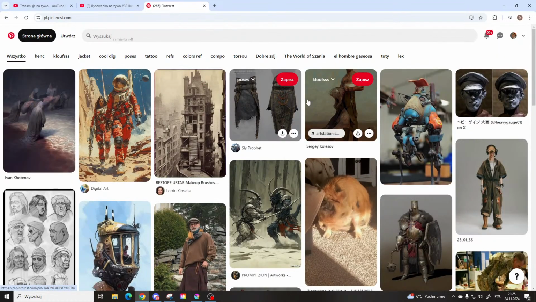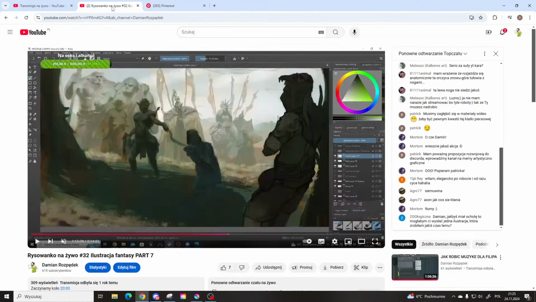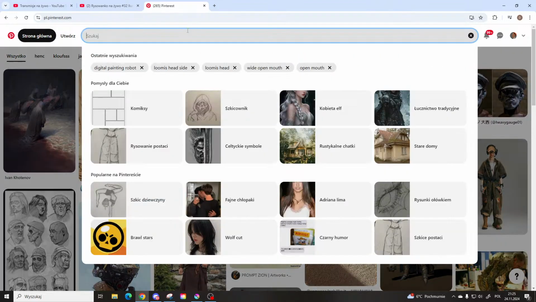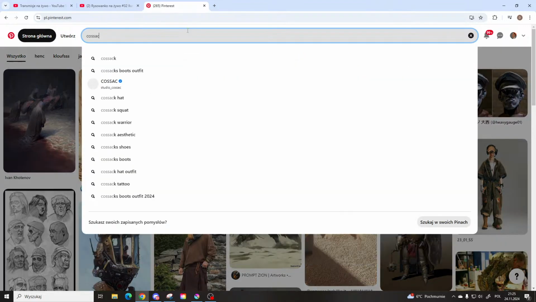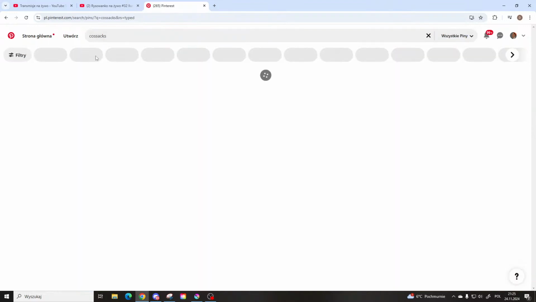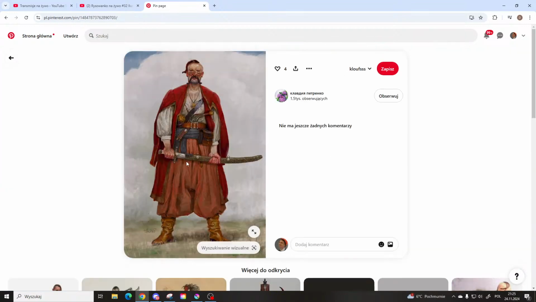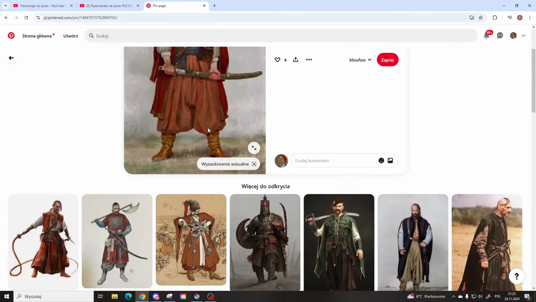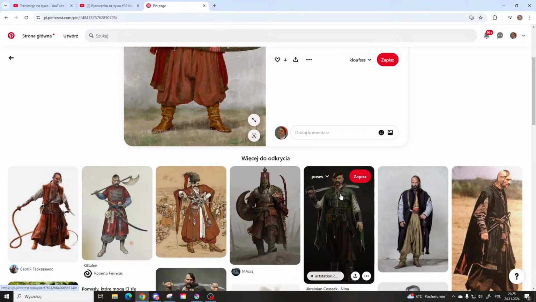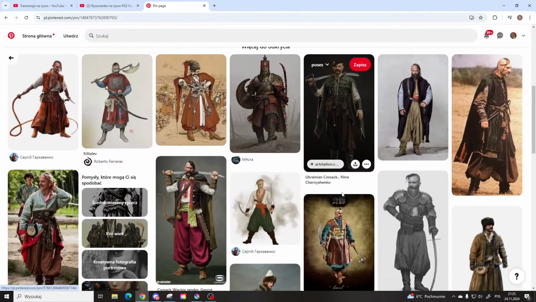Okay. Yeah, so my entire universe of those orcs is based on the idea of orcs being inspired by Cossack warriors. Those are Ukrainian soldiers in, I think, slightly after medieval or maybe in the medieval, something like that.